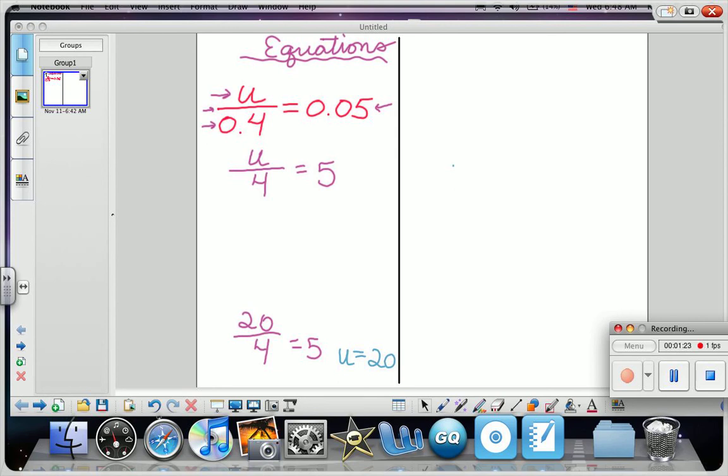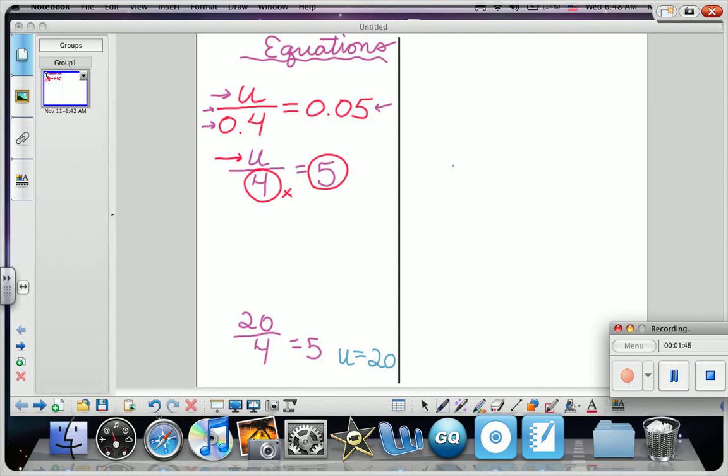But if you're kind of rusty on your math facts, there's a little trick for you that will work every time when you're in a division equation. If you take your bottom number here and you multiply that by whatever the equation equals, you will always get what U equals.